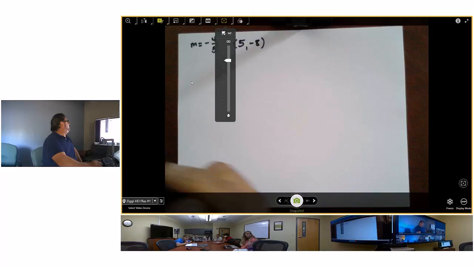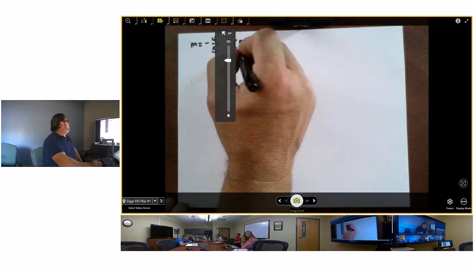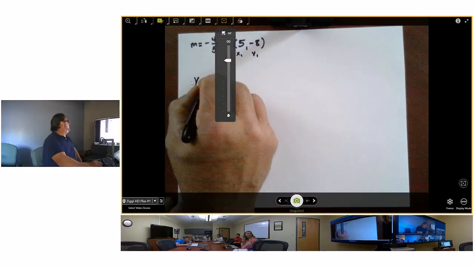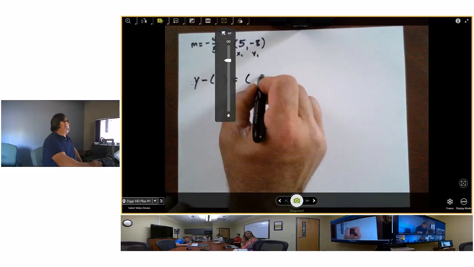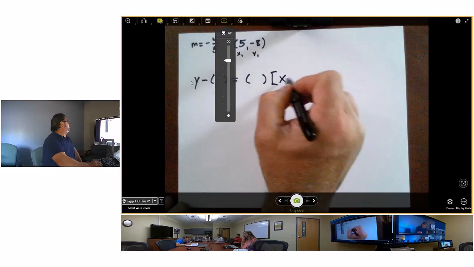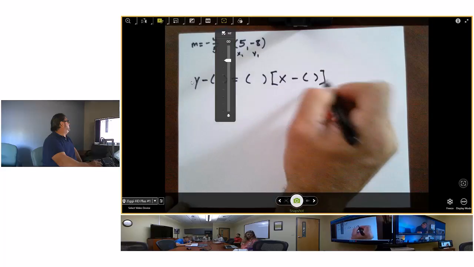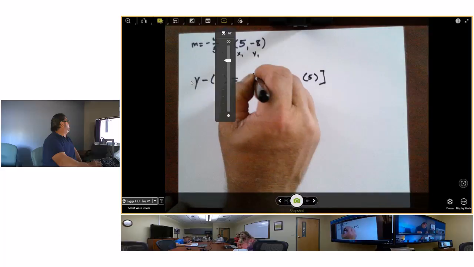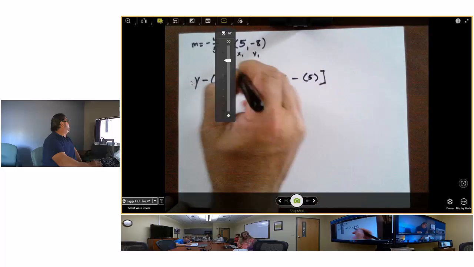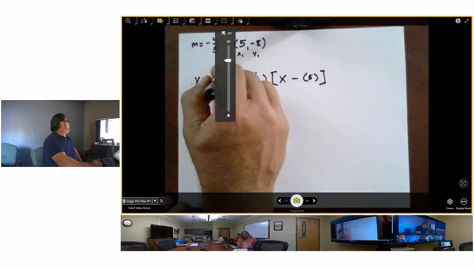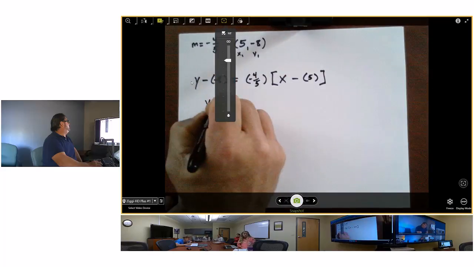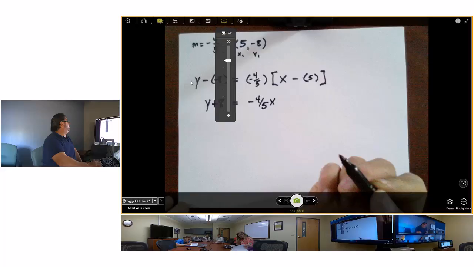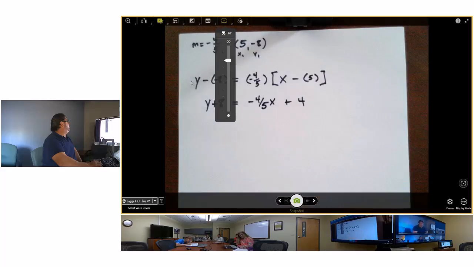All right, so this is x sub 1, and this is y sub 1. Y minus y sub 1 is equal to m times x minus x sub 1. X sub 1 is 5, m is negative 4/5, and y sub 1 is negative 8. Y plus 8 is equal to negative 4/5 x plus 4.